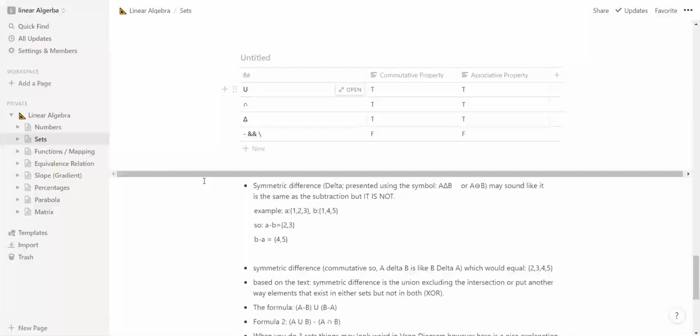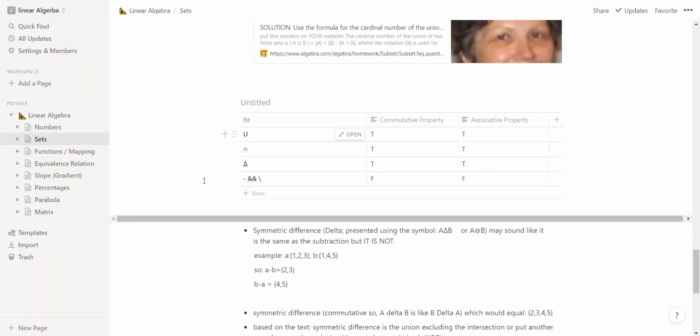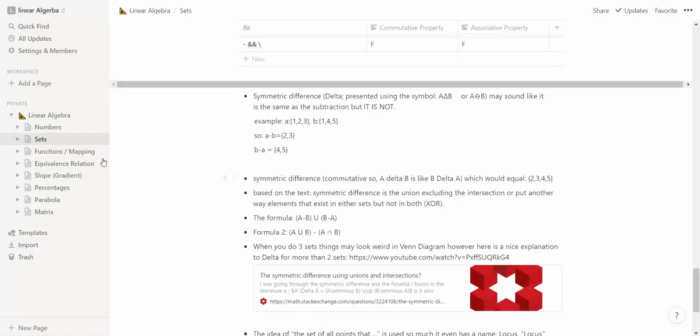And then there is the symmetric difference, which is the delta. It may sound like it's the same as a subtraction, but it is not. It's basically something similar to the XOR.